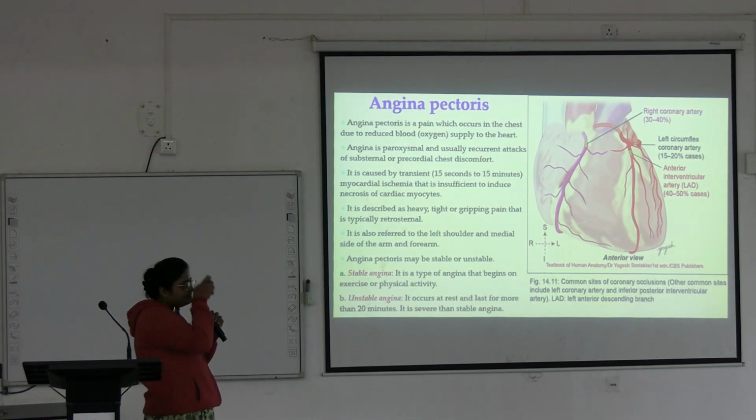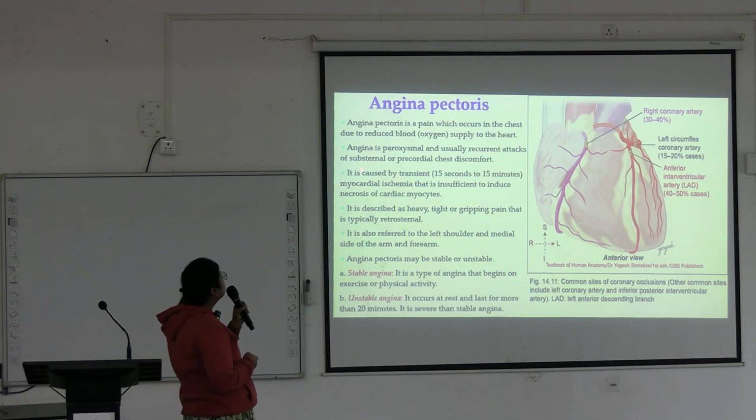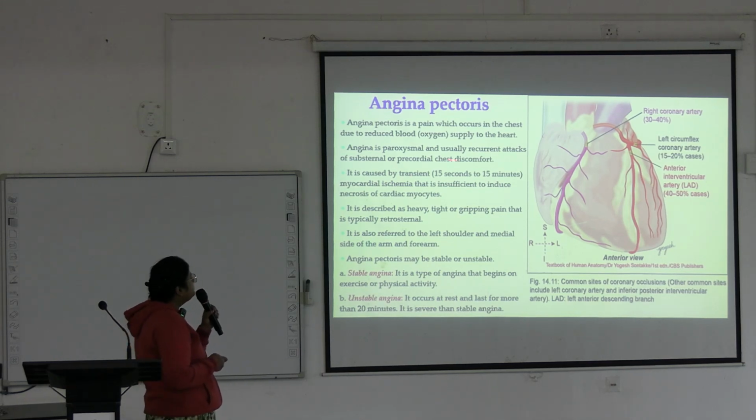So we will discuss the grading of ischemic heart disease. First, angina pectoris. It is pain which occurs in the chest due to reduced blood or oxygen supply to the heart. Angina is paroxysmal and usually recurrent attacks of substernal or precordial chest discomfort.